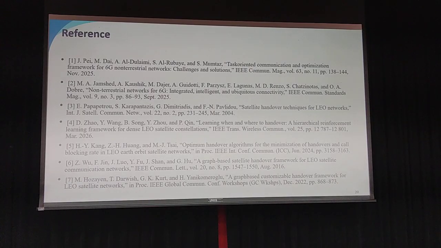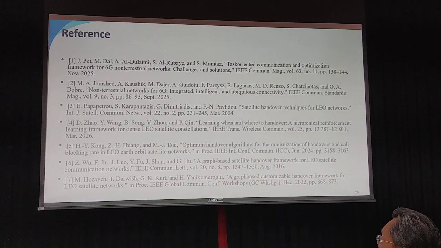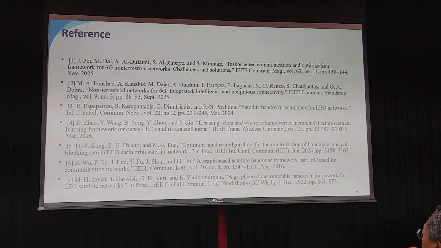Correct. Which one? The 7. Okay. A graph test. Does it apply there? Yes. Okay. This one is the method most similar to yours.